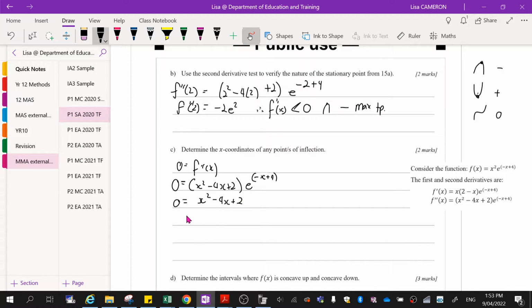Now I'm looking for two numbers that add to give me negative 4 and multiply to give me positive 2. The numbers that multiply to give me 2 are 2 and 1, so that's not going to work. So we might have to use the quadratic formula to work that side out.